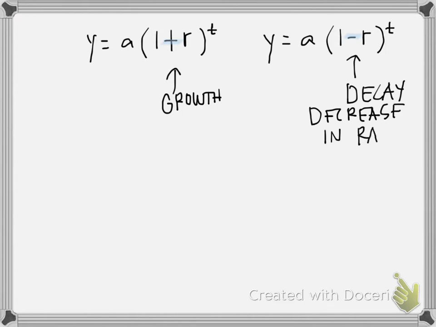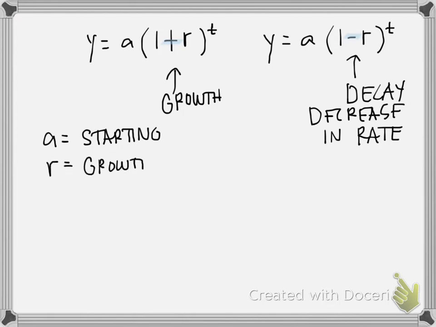So something that would be decreasing at an exponential rate. Remember, your A is your initial, so your A is your starting point. Your R is your growth rate. And your T is your time.